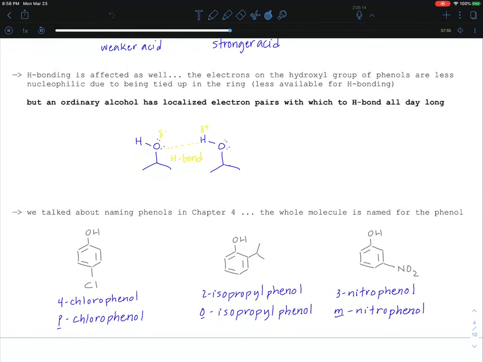If you put the hydroxyl group on first, then you would direct that nitro group to the ortho-para position. So one thing we didn't talk about in the aromatic chapter was the nucleophilic aromatic substitution. Getting that hydroxyl group onto the ring can be a little tricky. There's a few different ways you can do it.